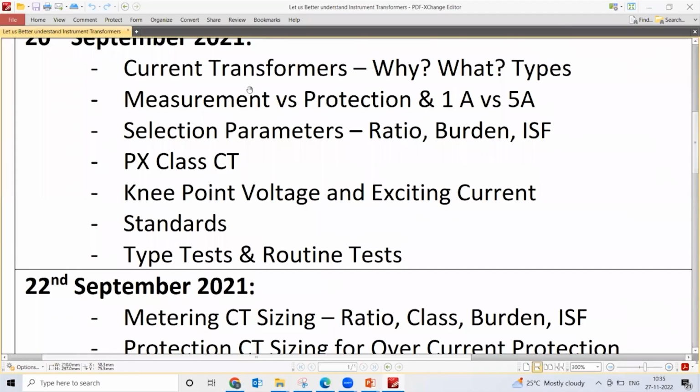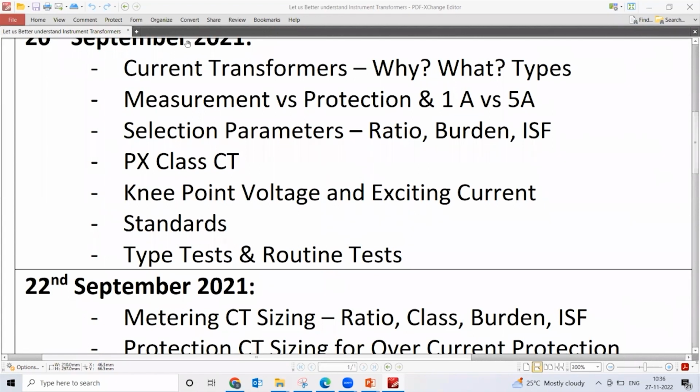Current transformers: why? I have given an example with respect to a 400 kV system and voltage. If you want to measure 400 kV, you need to insulate the measuring device with 400 kV insulation. If you have even a low voltage, for example 415 volts, that insulation is not really a difficult call.